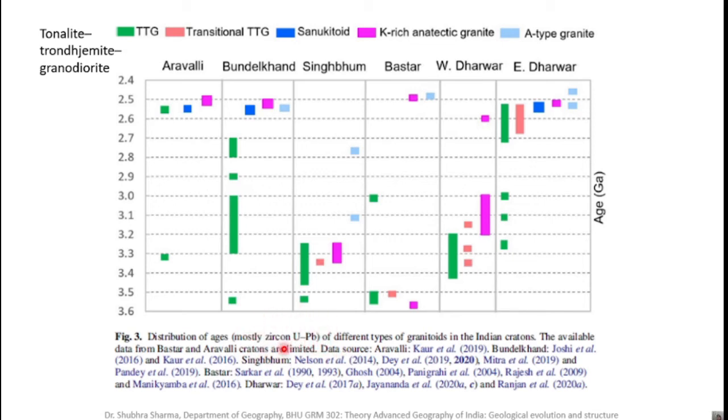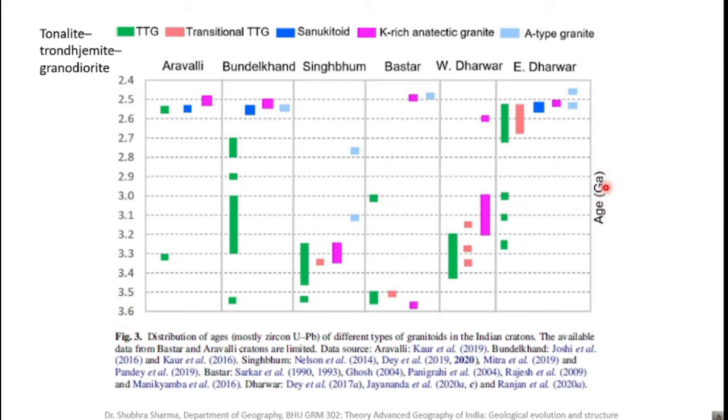These are different types of elements which you can extract and date from these rocks. And this graph here shows the distribution of ages which have been done on these different rocks. So on the y-axis we have billion years, right from 3.6 to 2.4 billion years.